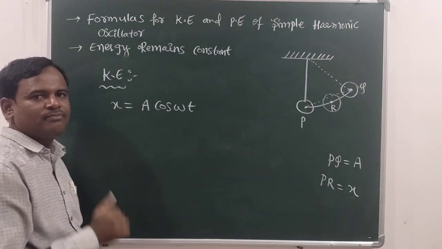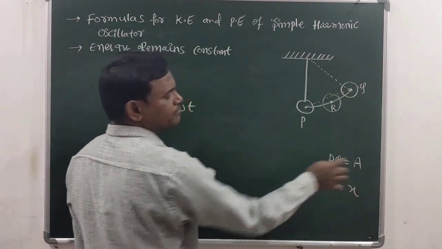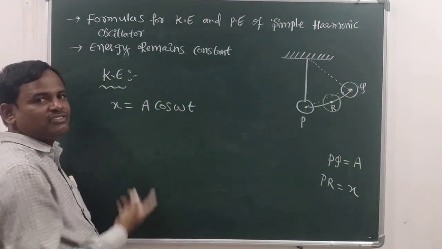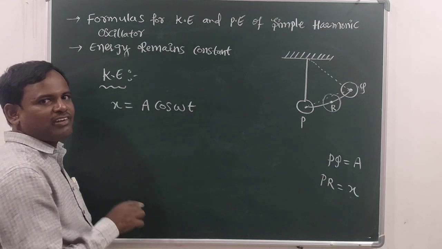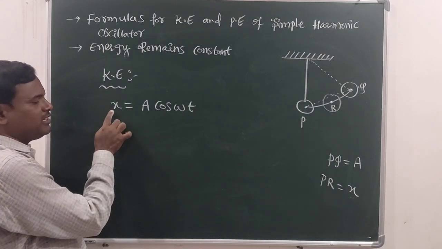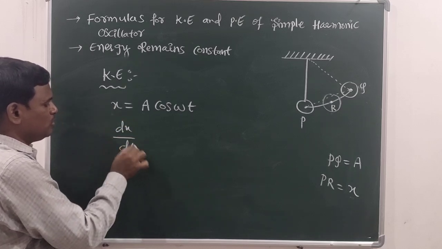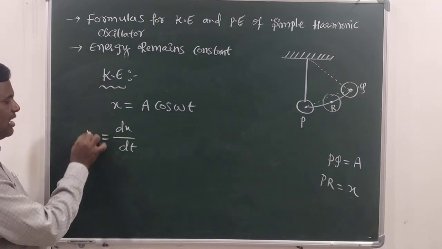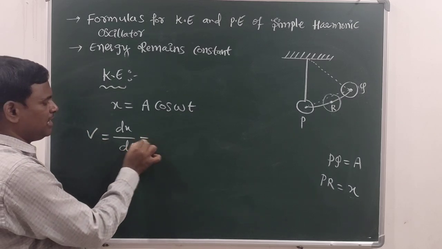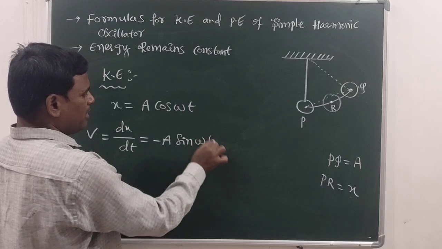Capital A means what? Maximum displacement from here to here. Omega means what? Angular velocity. t is time. Now differentiate this displacement equation with respect to time, so that you will get velocity. So you will get minus A sin omega t.